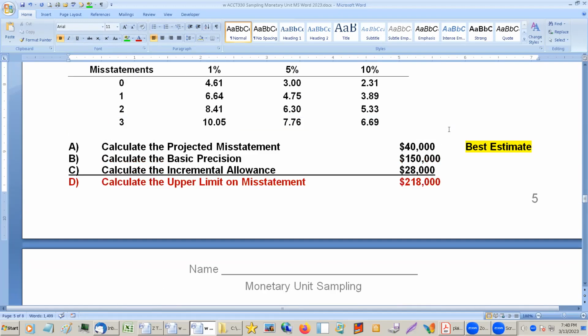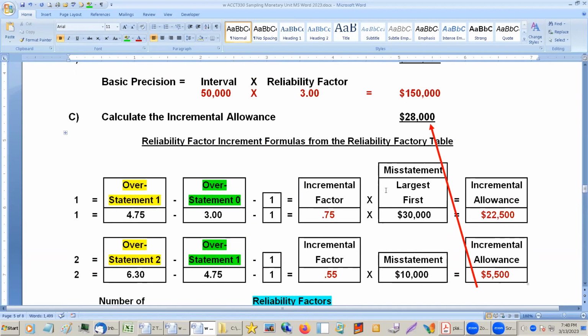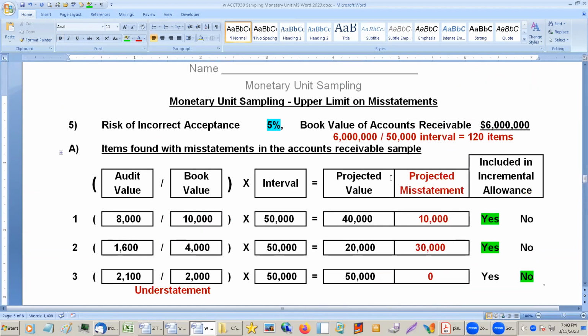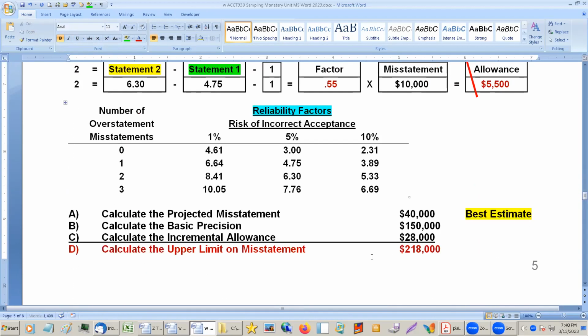Now, finding that upper limit, it's a $6 million account. And it's off by 218,000, so we could debate whether this is material or not.